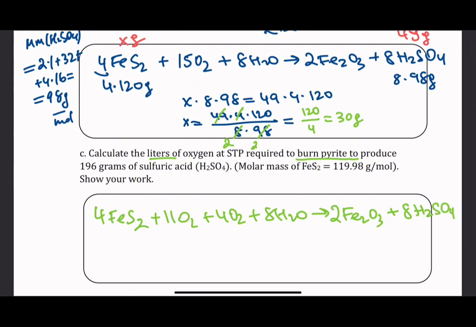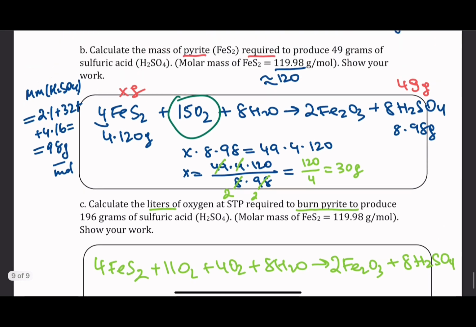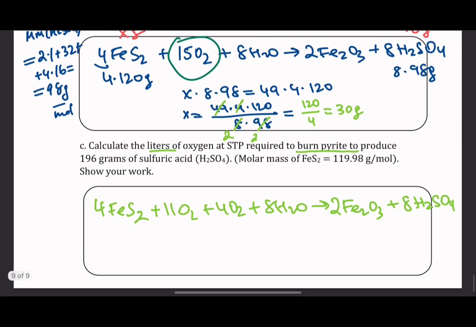Now in this case, as you see, I summed them up in here in the second portion because I didn't need the oxygen. But this time it's asking us to burn the pyrit. So to burn the pyrit, I know that I need 11 times 22.4 liters as in the equation, and here I have 8 times 98 grams. These are the molar masses. This is the stuff that I know.